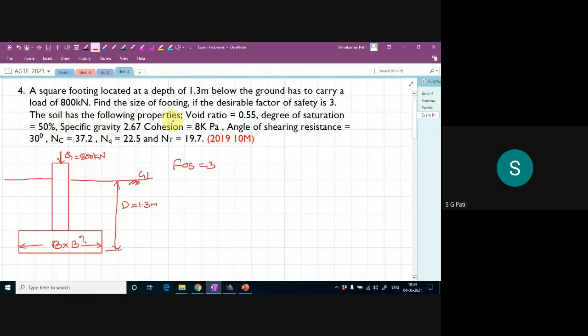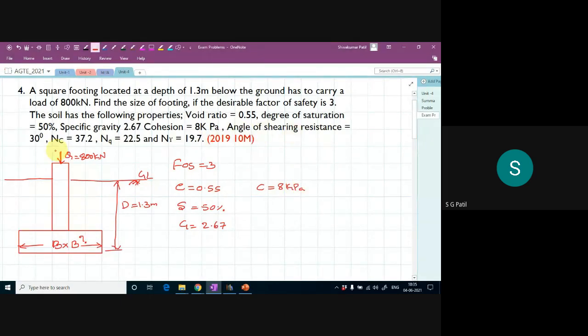The soil has the following properties. What are the properties they have? Voids ratio, that is e equal to 0.55. Degree of saturation is 50%. Specific gravity is 2.67. Cohesion 8 kilopascal.